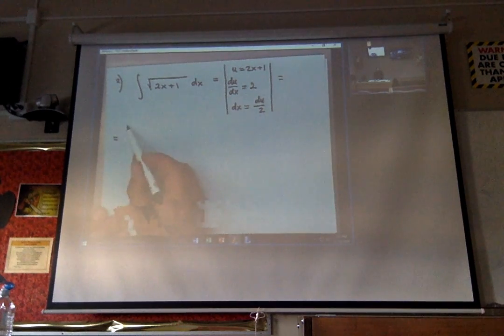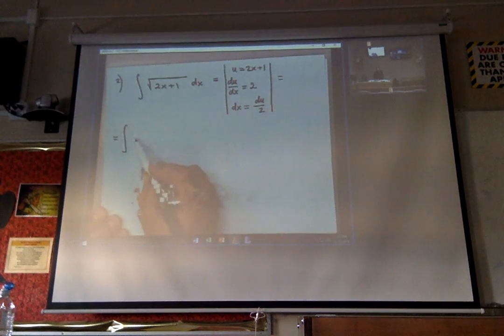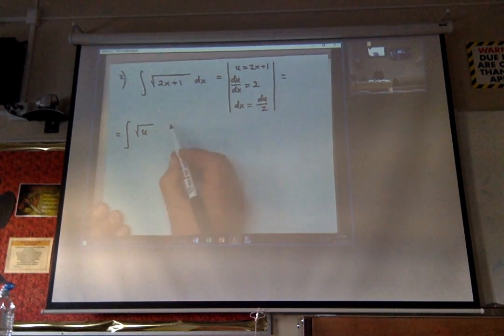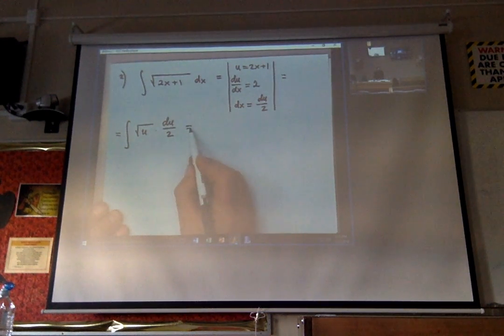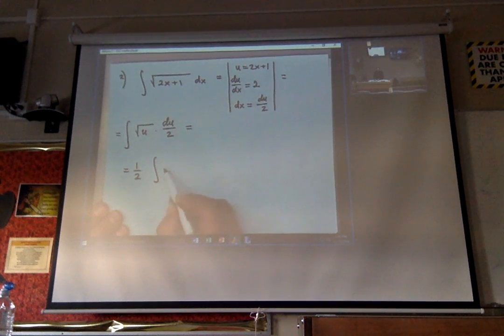So I have the integral of square root of u du over 2. You can move 1 over 2 outside, and also change the square root to the 1 over 2 power.